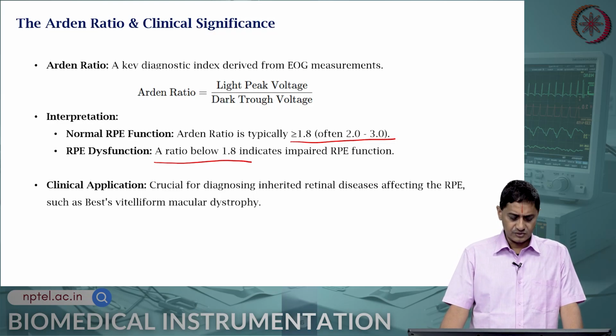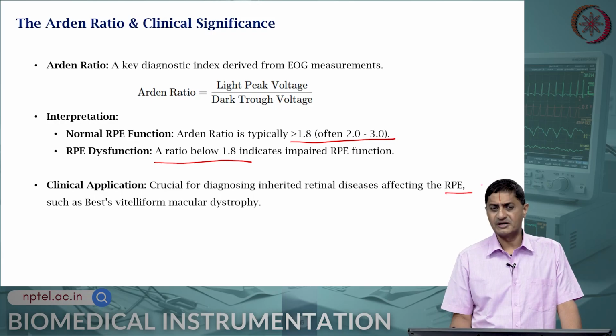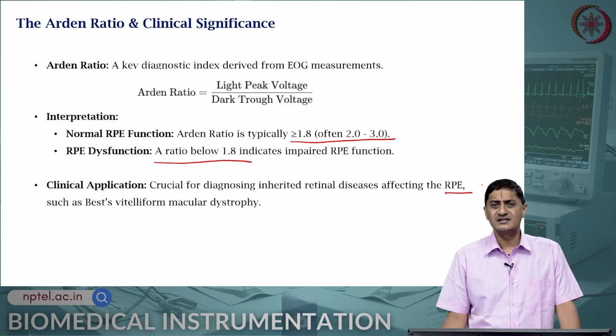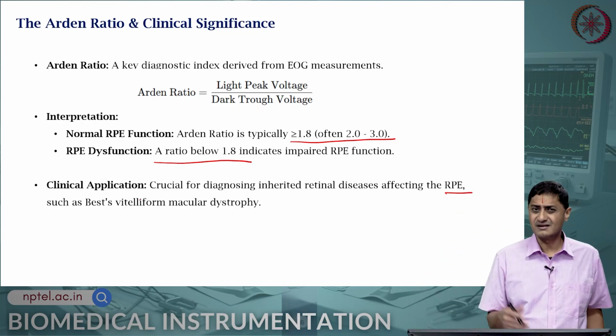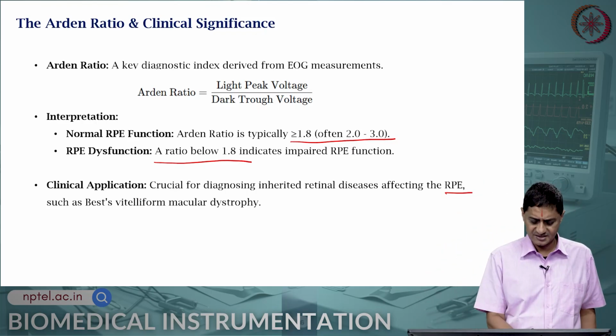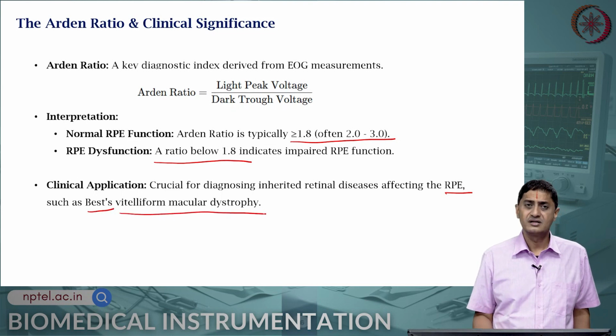It is crucial for diagnosing inherited retinal diseases affecting the retinal pigment epithelium, such as Best disease. That is, it is not the best disease, it is the name of the disease, Best's vitelliform macular dystrophy.